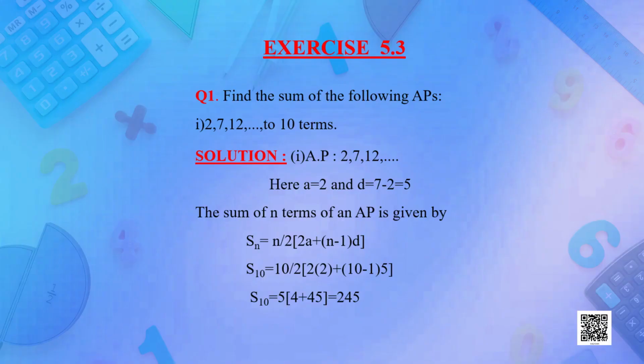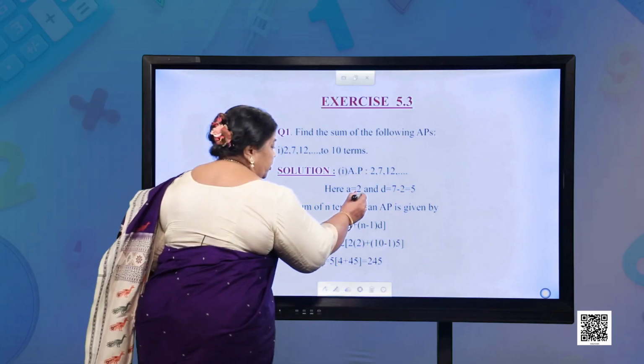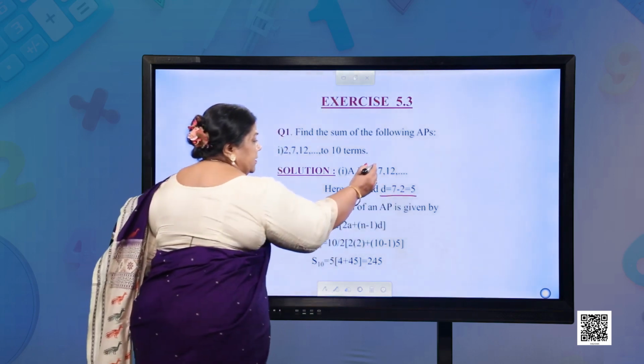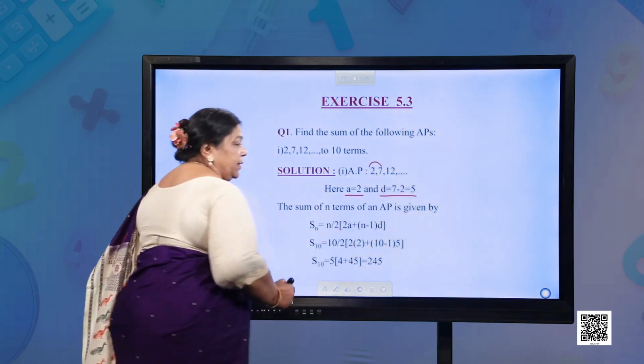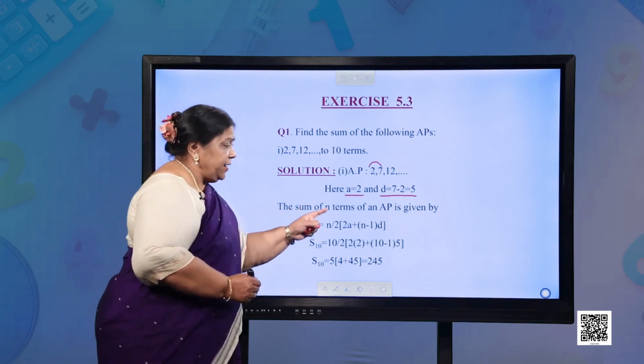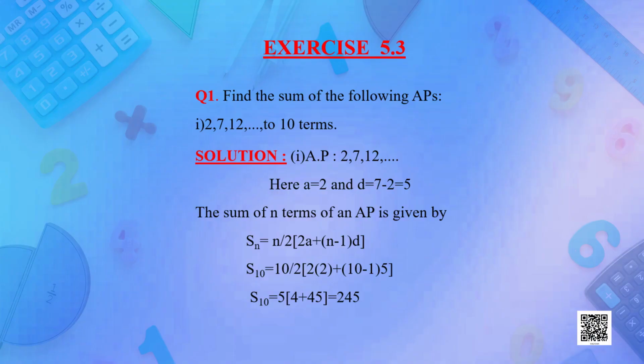Find the sum of the following APs: 2, 7, 12, to 10 terms. Here, what is your first term? It is 2. And how do you find the common difference? Second term minus first term, that is 7 minus 2, which is equal to 5. Sum of n terms of an AP is given by, what is the formula?